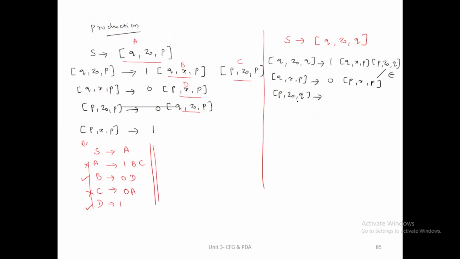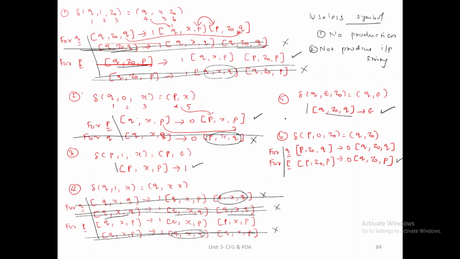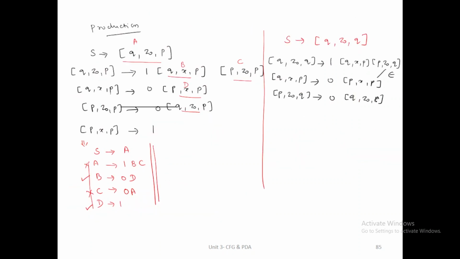Then [P,0,Q] is 0 [Q,0,Q], which is also already available. Then PXP is 1.